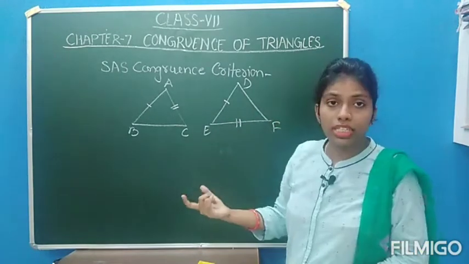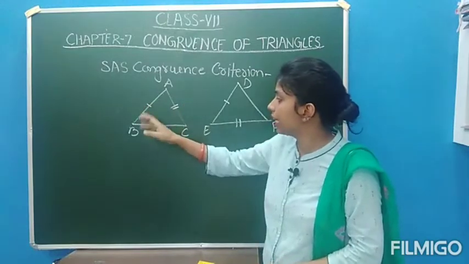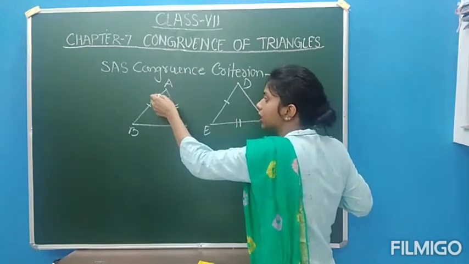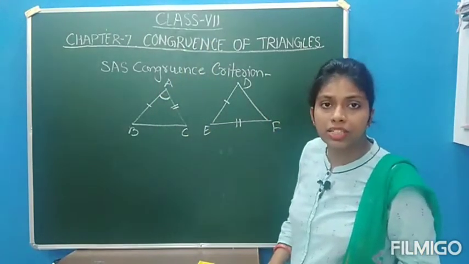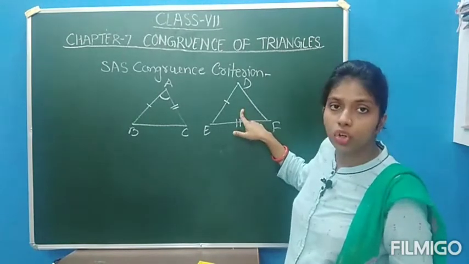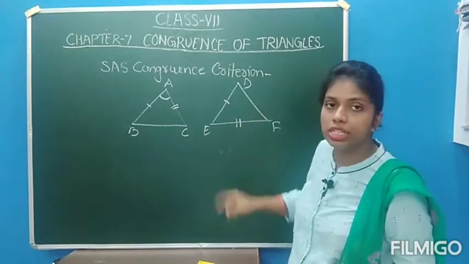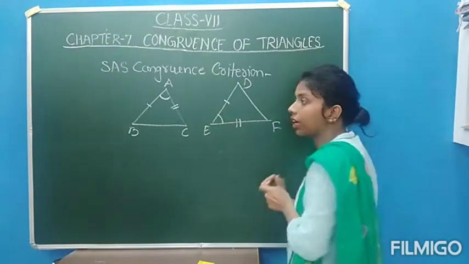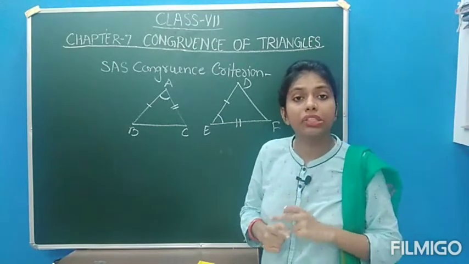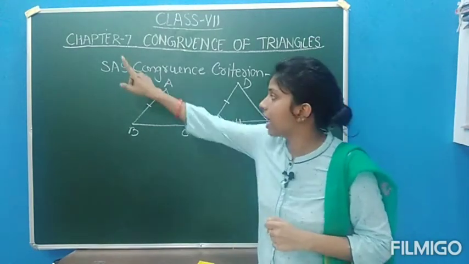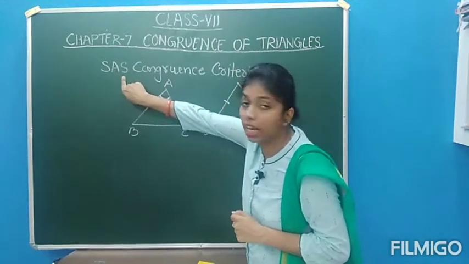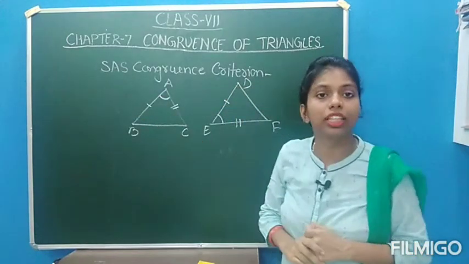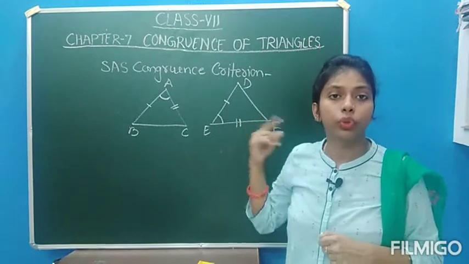The equal sides are AB and AC, so the angle included between them is angle A, and this is going to be equal to the angle included between the equal sides here, so the angle must be E. We have to notice that the angle is always between the two equal sides, that's why its name is side angle side.